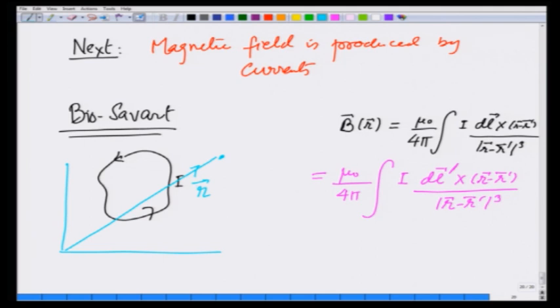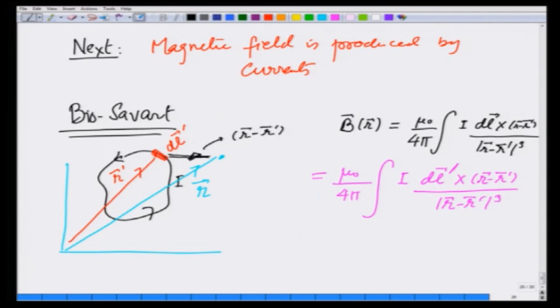What I will do is I will take a small element here in the direction of the current, dl prime. The direction of the current decides which direction that dl is. This is at r prime. The vector from this to my position where I want to find the magnetic field is r minus r prime.